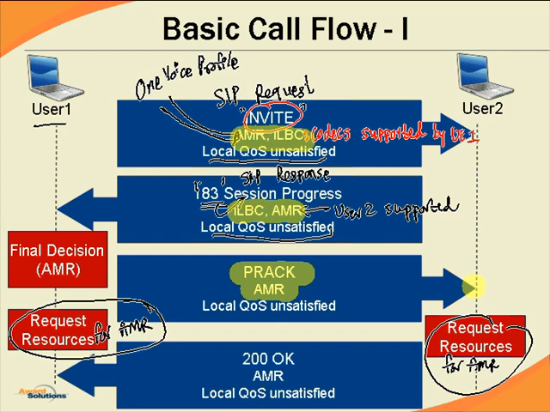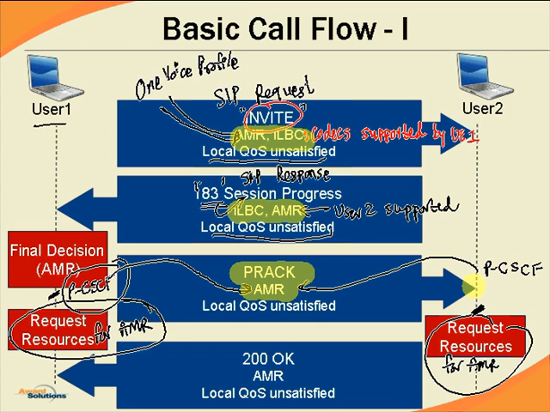So in LTE, our proxy would learn about the agreed quality of service by observing provisional acknowledgement message.